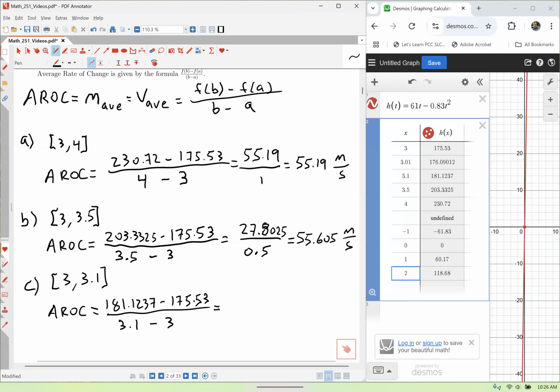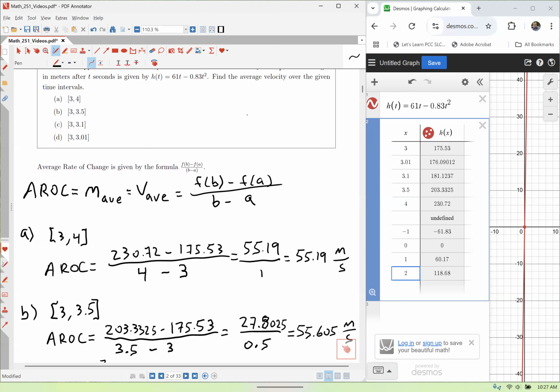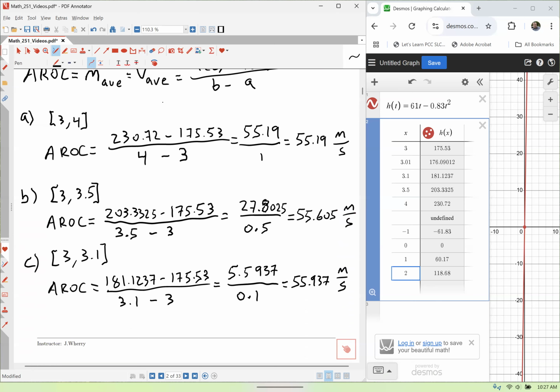So again, I am subtracting the top there. 5.5937, dividing that by the denominator, and this is giving me 55.937 meters per second. So it looks like this might be getting closer and closer to a value of, it's hard to estimate, but maybe about 56 or so.